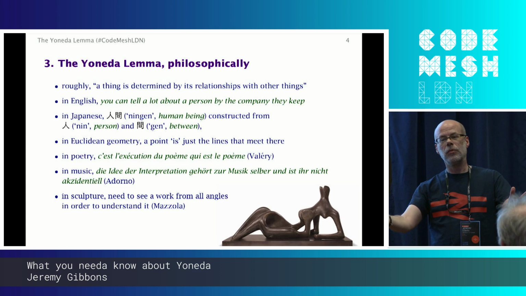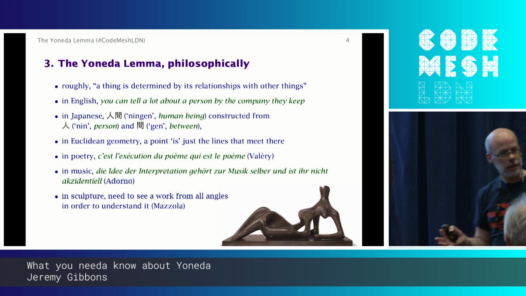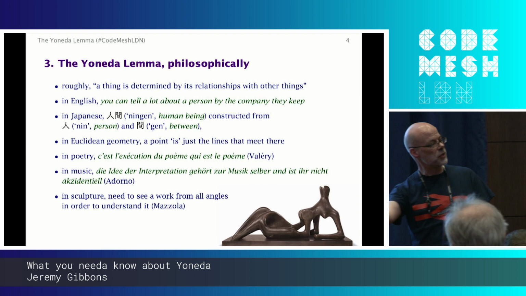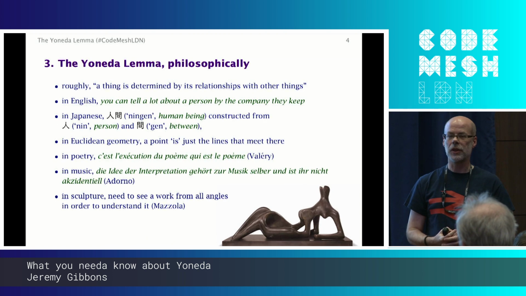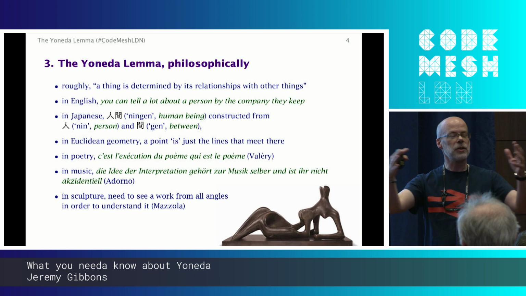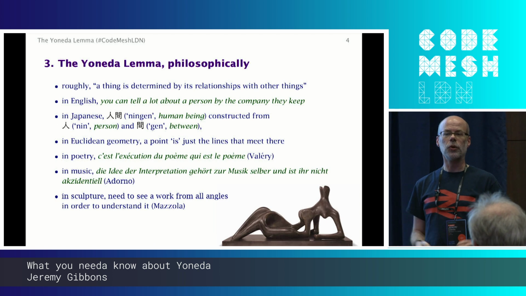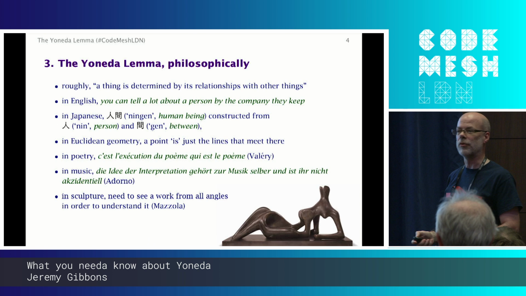So the piece of sculpture is not just a thing sitting there. You need to understand it from all angles in order to appreciate it. You need to see its relationship to its surroundings, the same as a piece of architecture as well. It's necessarily a part of its surroundings. And that tells you the whole story, basically. So these are philosophical interpretations of Yoneda.